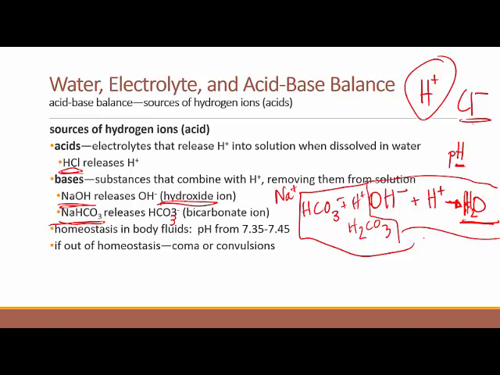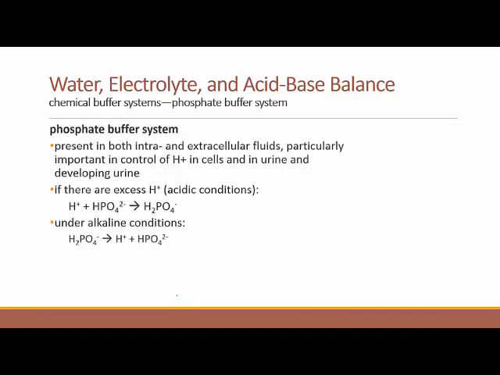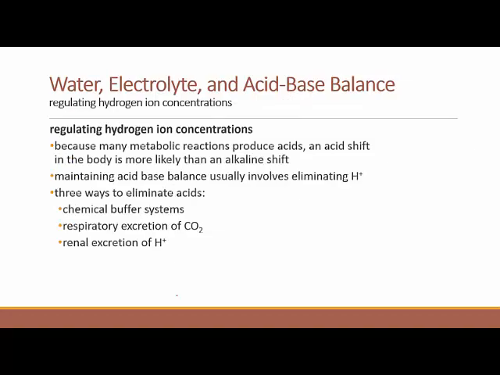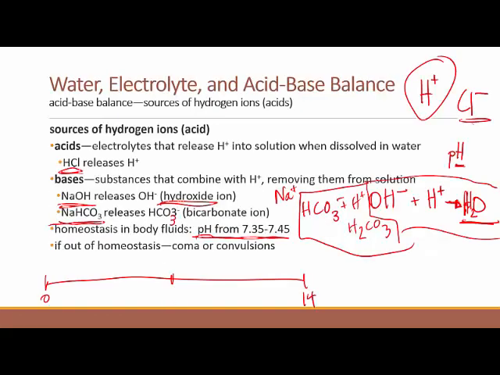So homeostasis in body fluids requires a pH somewhere slightly basic. If we think about the pH scale, it goes from 0 at one end to 14 at the other end. Right here in the middle, it is a pH of 7. That's neutral.